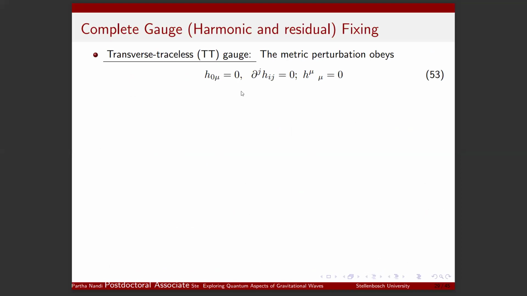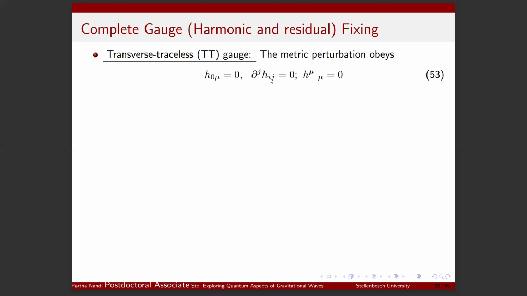The standard gauge fixing condition is known as the transverse traceless gauge fixing condition. This condition is defined through the following expression, where the first part, h 0 mu equals 0, gives 4 equations. The second part, which is the derivative of h with respect to the space component, equals 0.